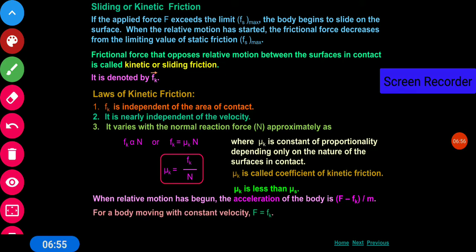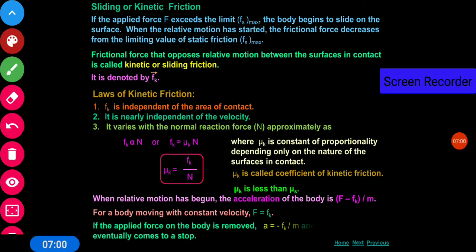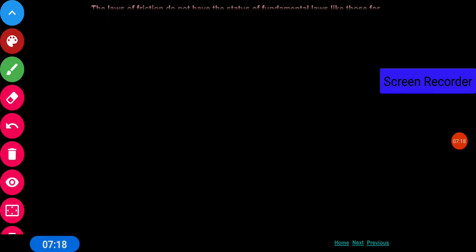For a body moving with constant velocity, F is equal to Fk. If the applied force on the body is removed, a is equal to minus Fk upon m, and the body eventually comes to a stop. So that means if no force is acting on it, then there will be a retardation, and after some time the body comes to a stop.